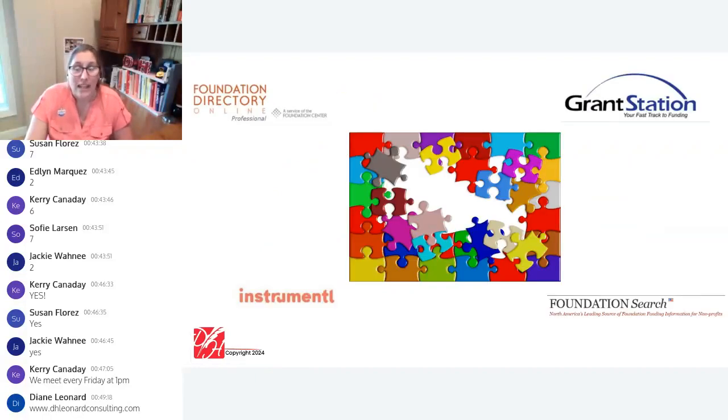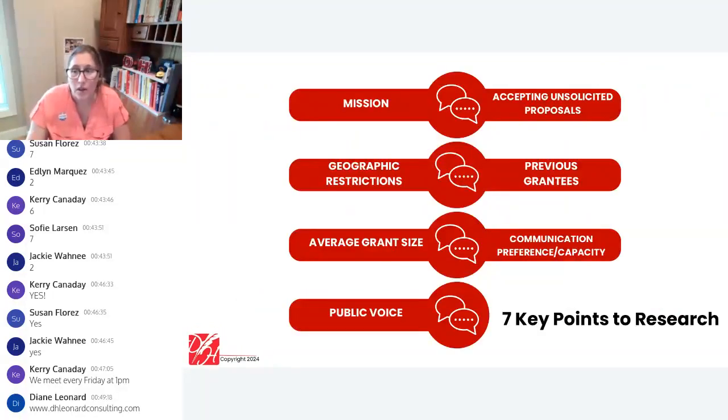Now, that tip does not tell you which tool you should use for grant research. There are lots of great options. What is most important is that you are looking for these 7 things when you're doing your grant research. How well does the mission align between you as an organization and the funder?